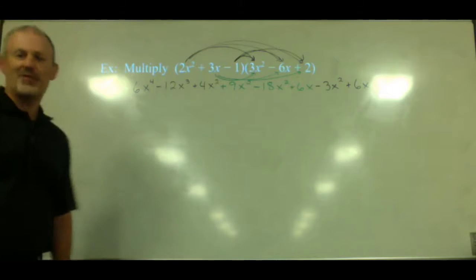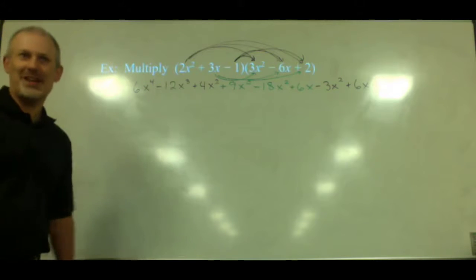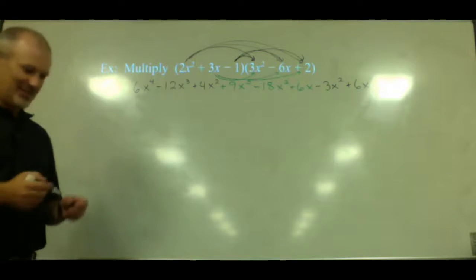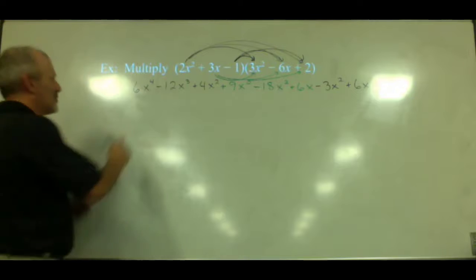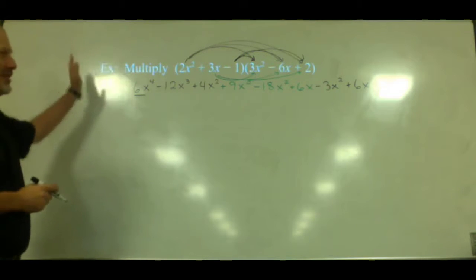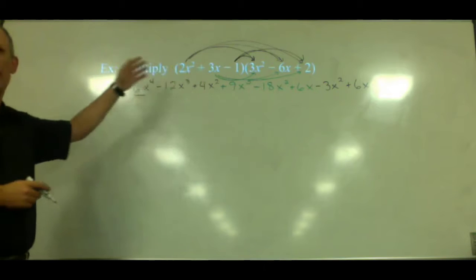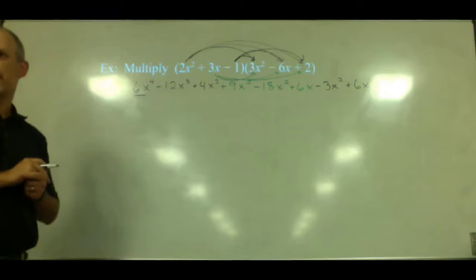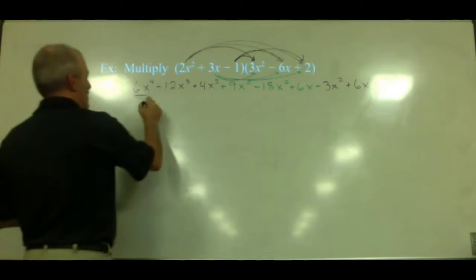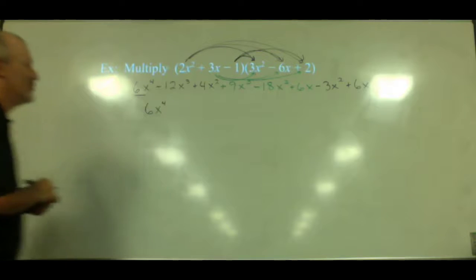Okay? Now, once we've got all that, notice we have 9 terms now. We want to start simplifying. Almost always the biggest one is going to be over here on the left. So x to the 4th. Is there anything else that we can combine with the 6x to the 4th? No. There's nothing else we can combine with the 6x to the 4th.